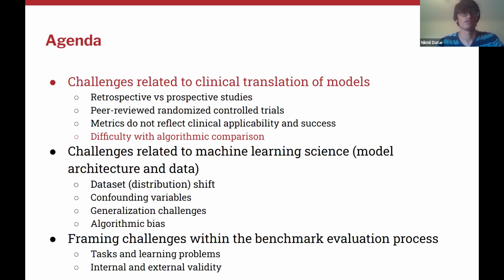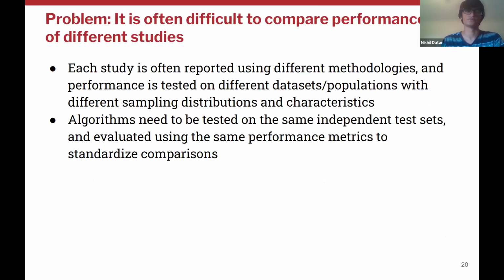All right, let's move on to difficulty with algorithmic comparison. So one problem is that it's often difficult to actually compare the performance of different studies because each study is really reported using different methodologies, and performance is being tested on different data sets which come from different populations and therefore have different sample distributions and characteristics.